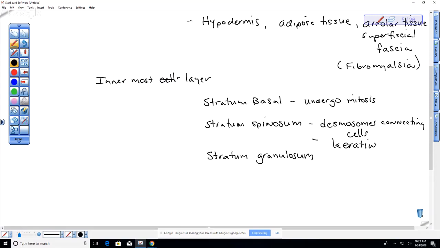So this layer produces granules of glycolipids, and it also starts to produce abundant keratin inside the cell.